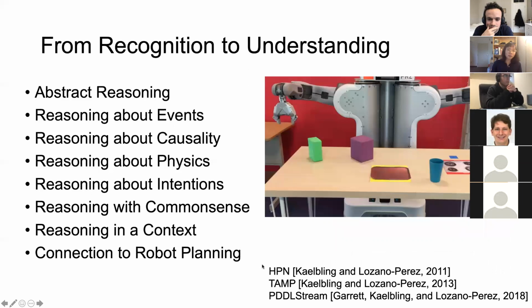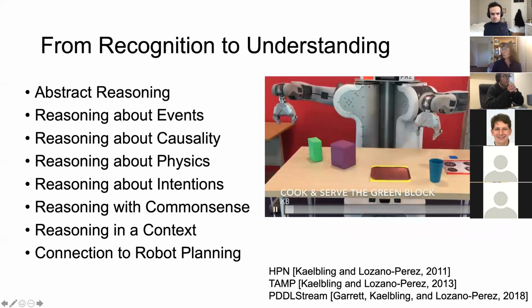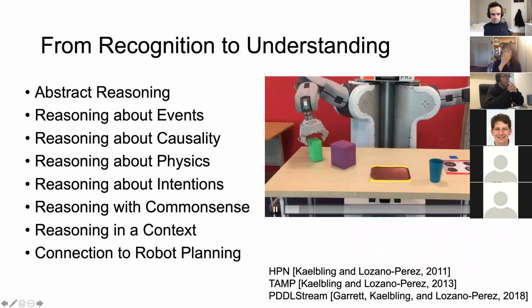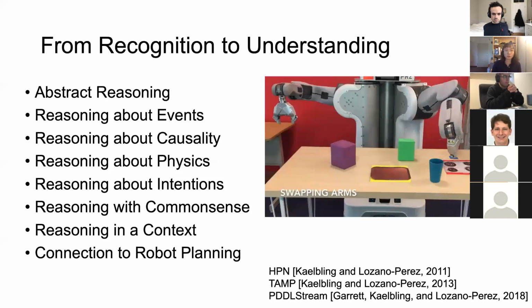Finally, I also want to draw some connection to robotic planning. The real goal of understanding visual concepts, one of the final goals, is to make it possible for us to build models that can interact with our physical world.